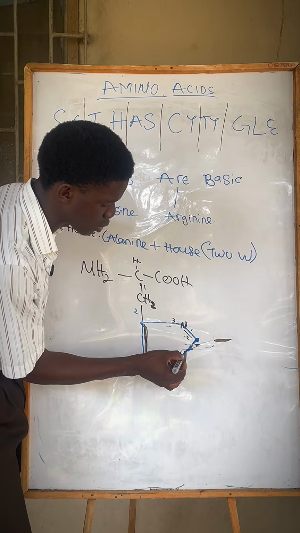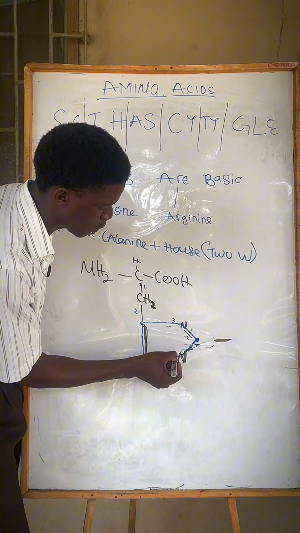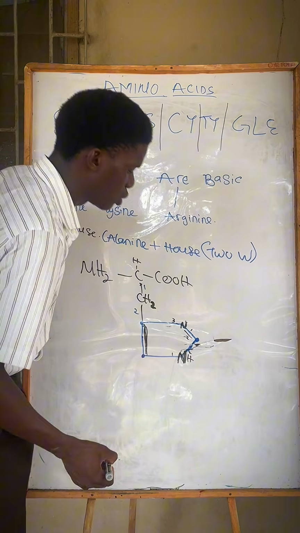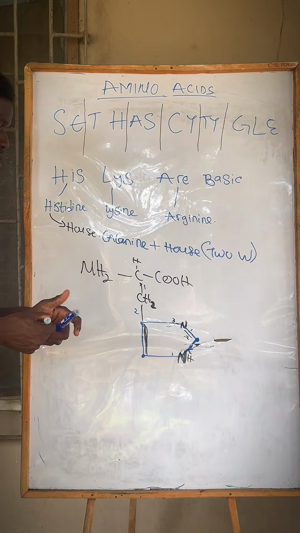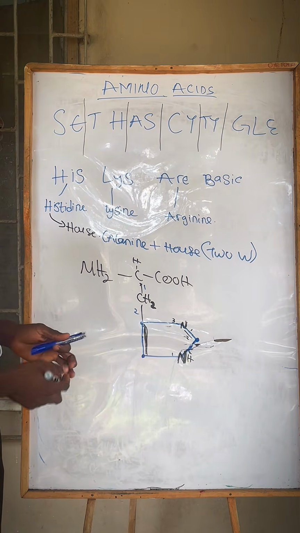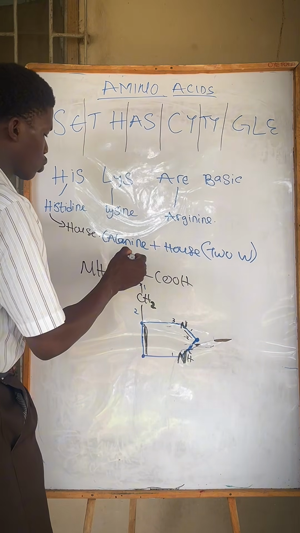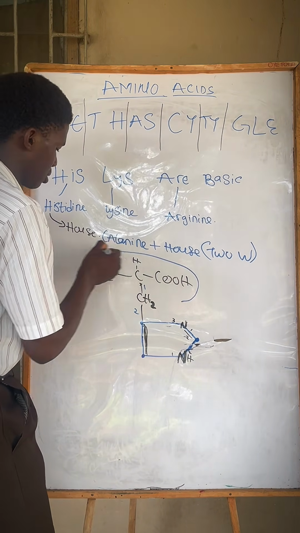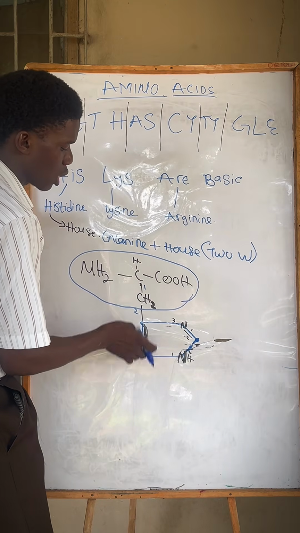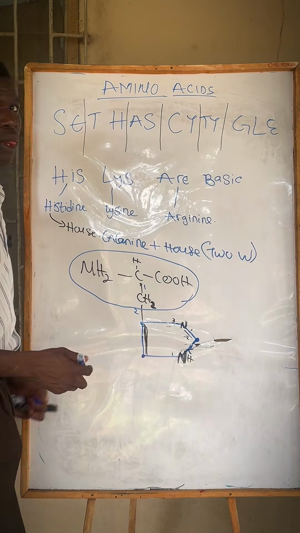What about this nitrogen? We have 1, 2. It means this one needs 1 hydrogen. I hope you understand it. And so this is the structure of histidine. The first thing is to draw the structure of alanine, then put your house. Your house should have 2 windows.